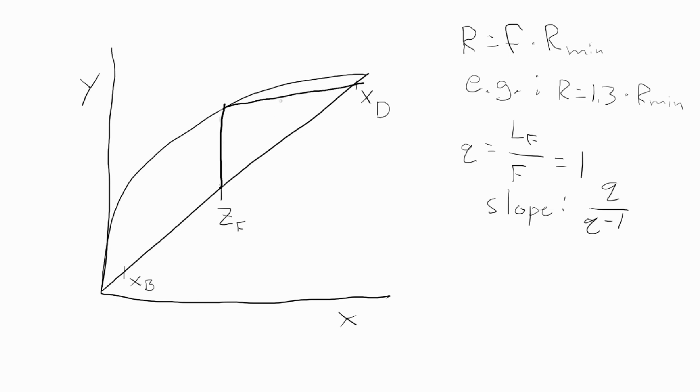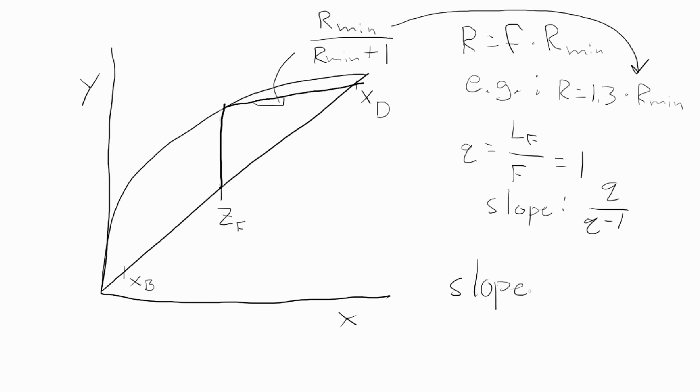We now measure the slope of this line, and the slope of this line is going to be R min over R min plus 1. All right, so we'll now solve this equation for R min, and we will plug that R min into here to get our actual reflux ratio. Right, we then get the slope of the operating line for the rectifying section.